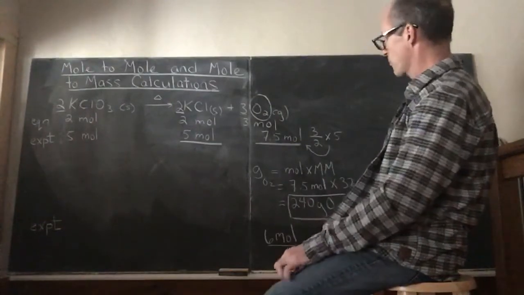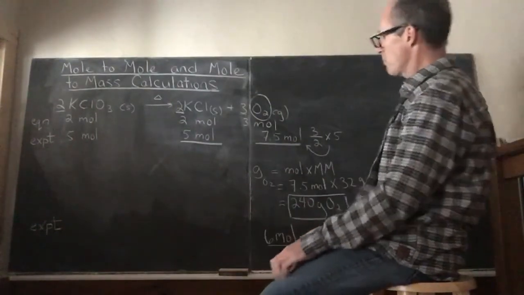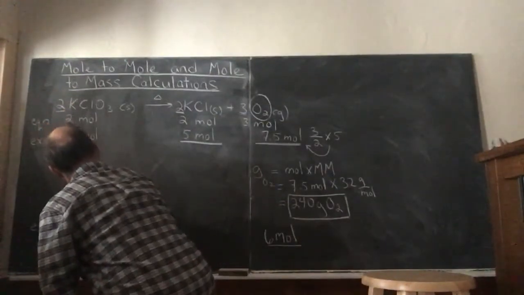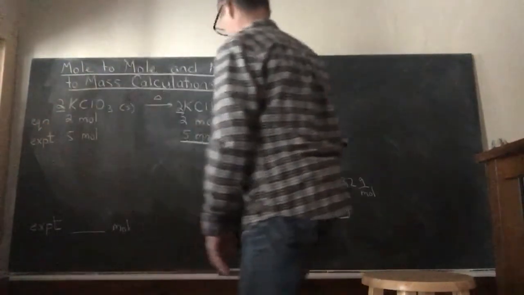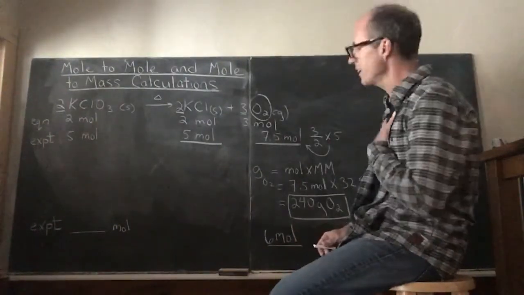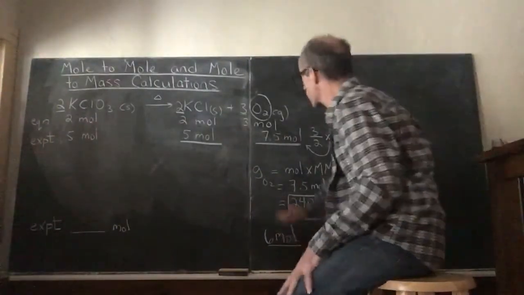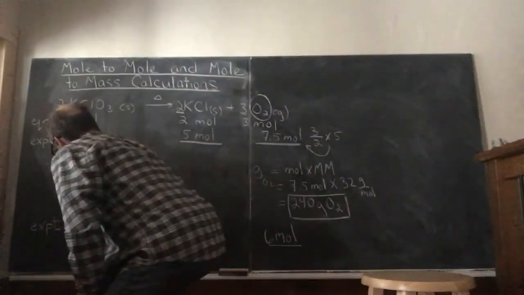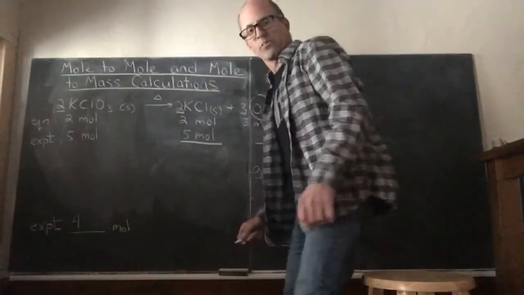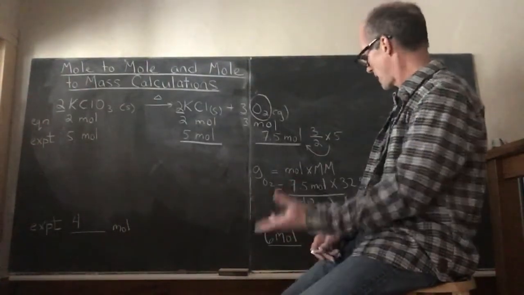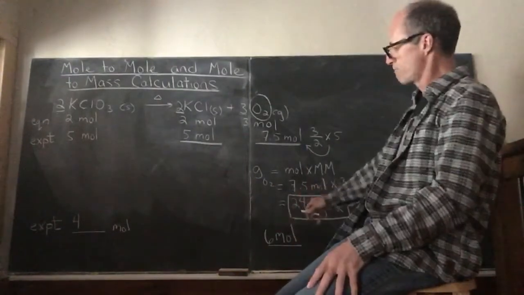And let's suppose the question is, how many moles of KClO3 would be required to make 6 moles of oxygen? Well, this ratio is pretty easy because we know that 6 is twice as big as 3, so our answer would be 4, wouldn't it? So in this case, 4 moles of KClO3 would be required to make 6 moles of O2.